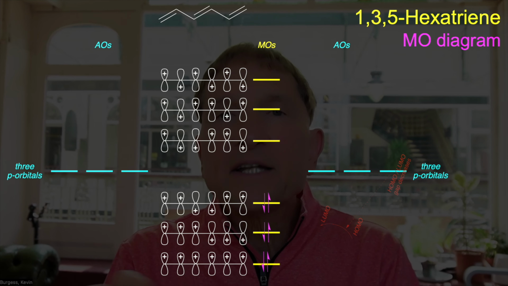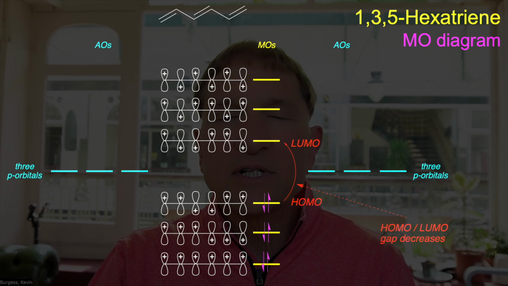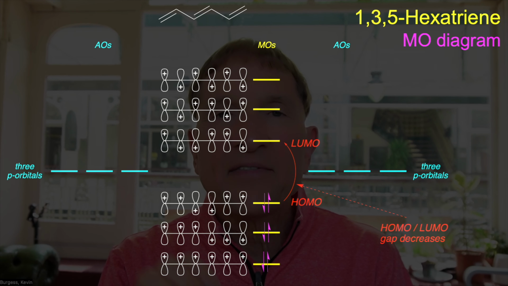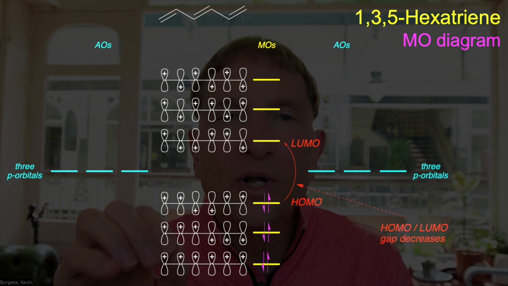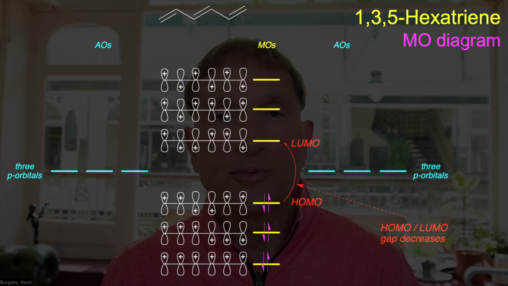The reason lambda max shifts to the red on extended conjugation is that every time a double bond is added, the HOMO-LUMO gap decreases, and that corresponds to a smaller quanta, hence longer wavelength is absorbed.